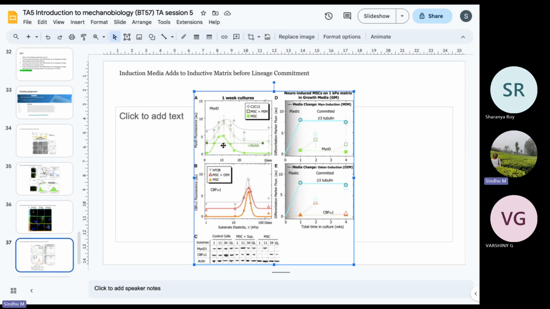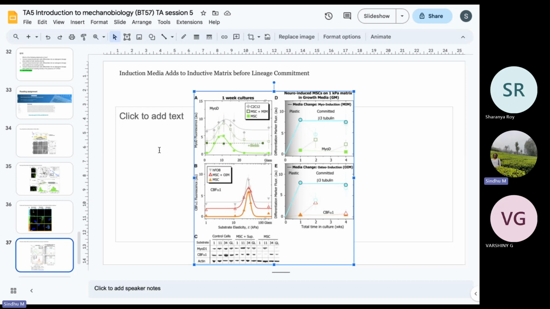If you compare the two curves, when you have added the induction media, the muscle cell marker goes up. So both of them have an additive effect compared to just the stiffness. If you have the stiffness as well as the media, then the cells become more and more muscle-like. So that is what this A figure is telling.